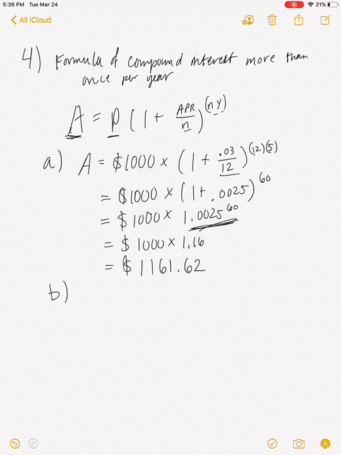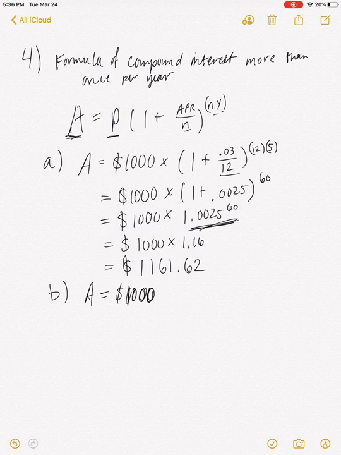Part B for this one says find the balance of an account where $1,000 is invested for 5 years with an APR of 3% and daily compounding. So every day you're going to calculate interest and pay it to your account. Okay, so the amount is going to equal $1,000. The amount is going to be more than just compounding it monthly.